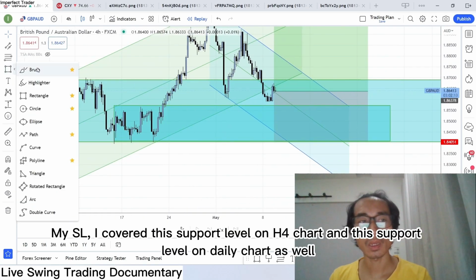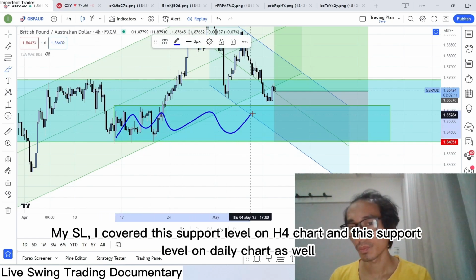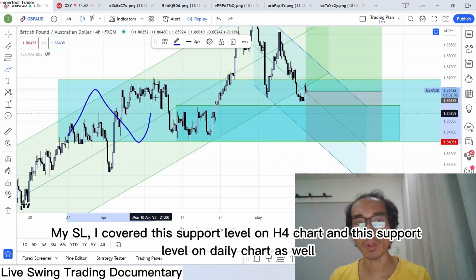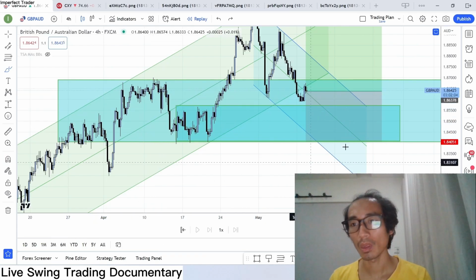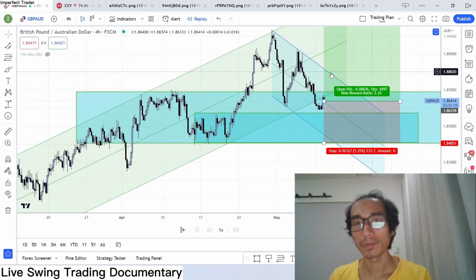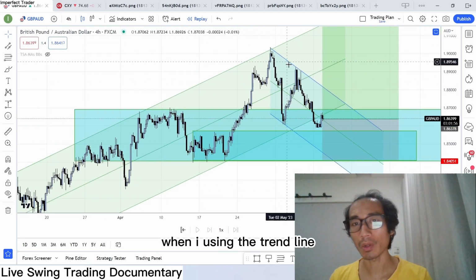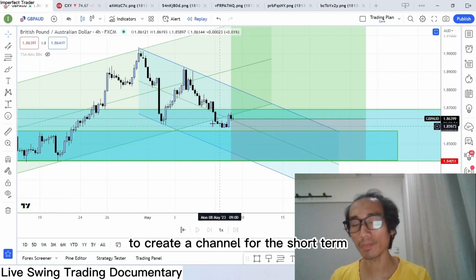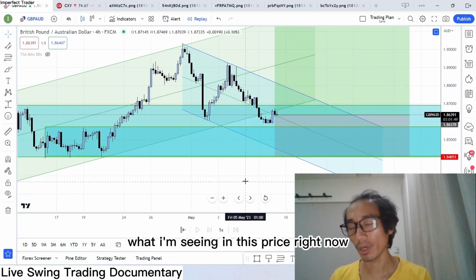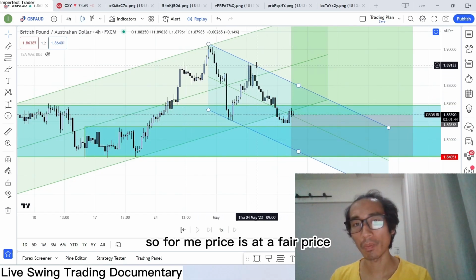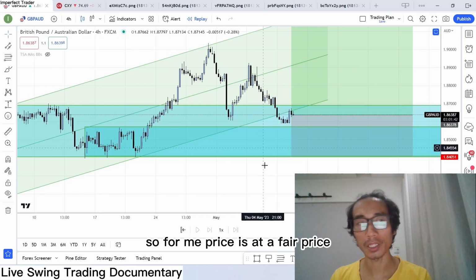My stop loss, I cover this support level on the 4-hour chart and this support level on the daily chart as well. So from my perspective, when I use the trend line to create a channel for the short term, what I'm seeing is price right now is consolidating around the midline of the channel. So for me, price is at a fair price.